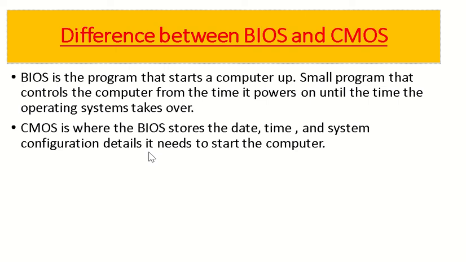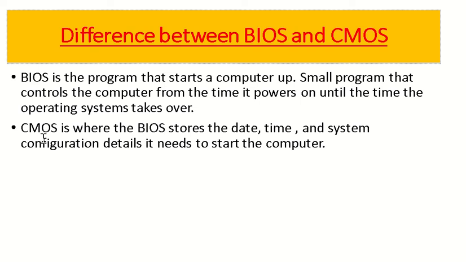Now we will see how they are interrelated. CMOS will have the details stored by BIOS, such as date, timings, and system configuration details. That means BIOS stores these details in the CMOS.